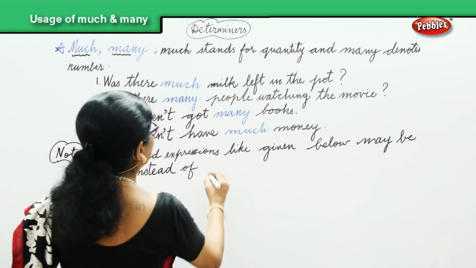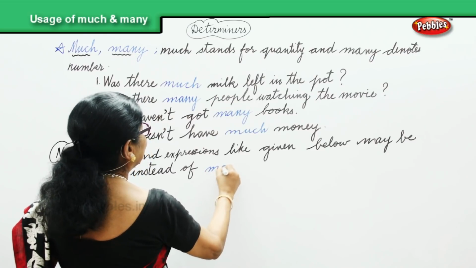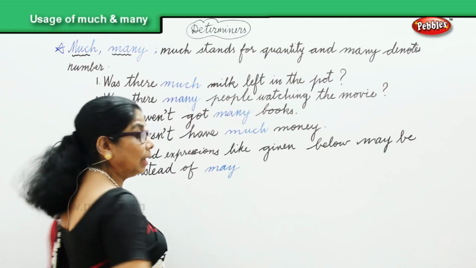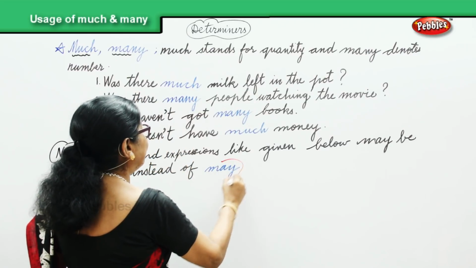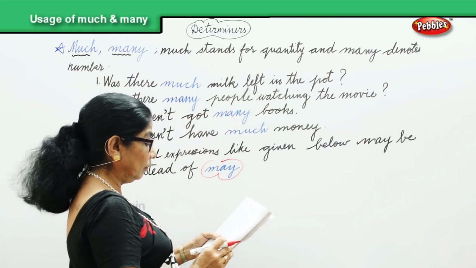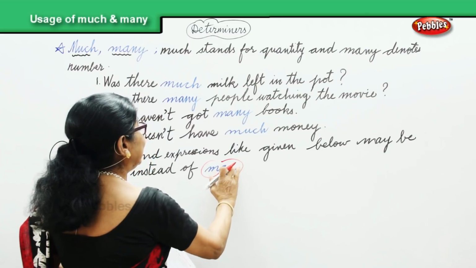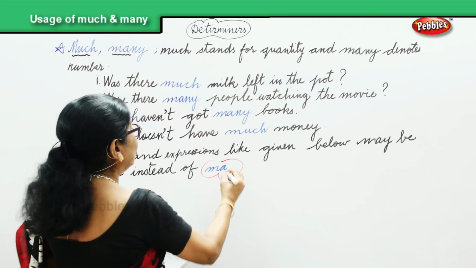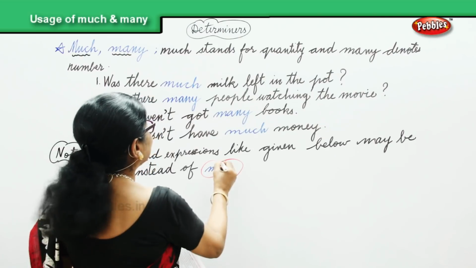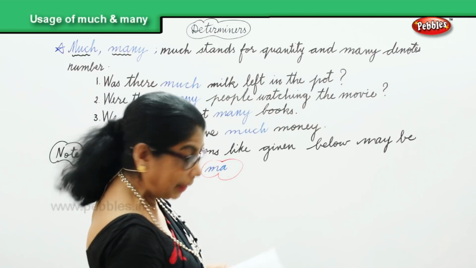So we must remember this. I'm going to give you some words. We can use that instead of many. So instead of many, we are going to use a great many, a good many, etc.